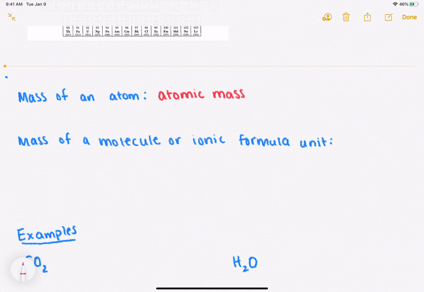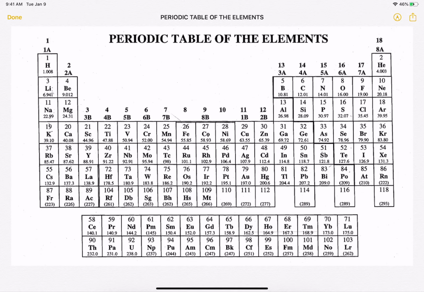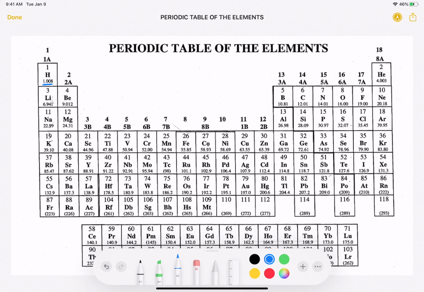Remember, the atomic mass is a value that you can find on the periodic table. If we look at our periodic table, that is the value at the bottom, underneath the chemical symbol. For hydrogen, for example, it's this value there, the 1.008.